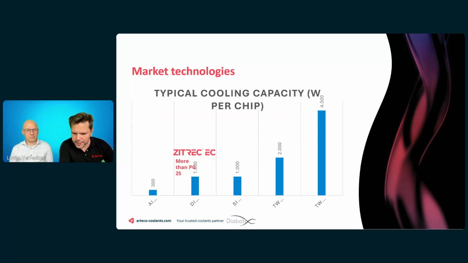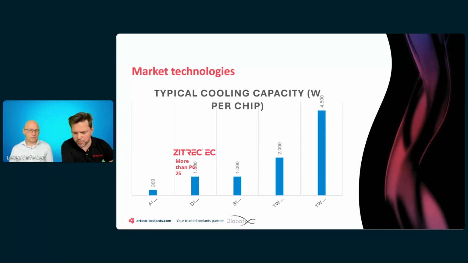On the next slide, we see the typical solutions that we have. The first column is air-cooled, direct-to-chip. Then we have immersion, single-phase and two-phase immersion, and two-phase direct cooling. The current market need is around 500 watts to 1,000 watts.